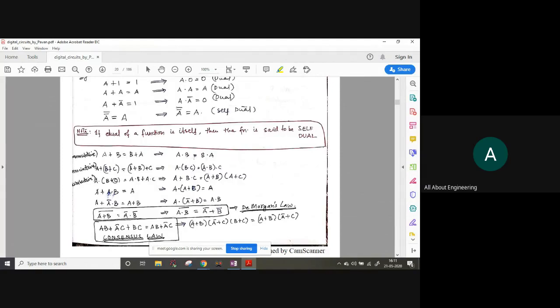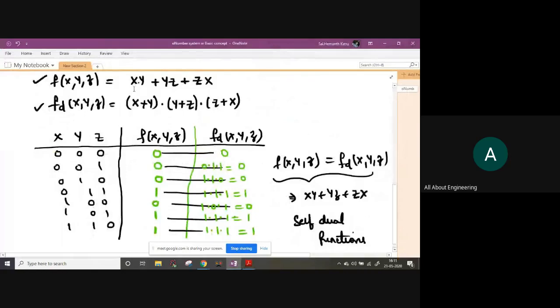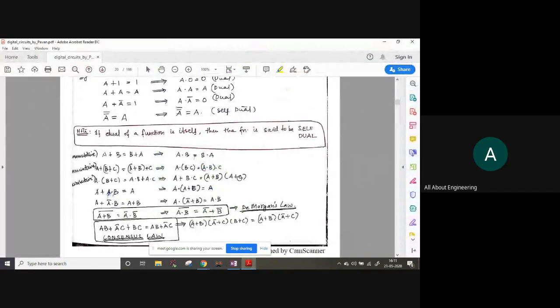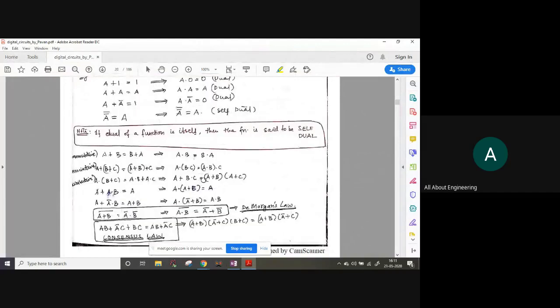So the main motive of the first few minutes of this session, I wanted to explain what is meant by self-dual function, because no one will explain with this type of example showing self-dual function. So I tried to explain about self-dual functions and I explained you that. Now it's your part to look at these formulas carefully. Commutative property, again you just write the property and try to remember its dual, because it's very comfortable to derive these formulas using duals of their functions.